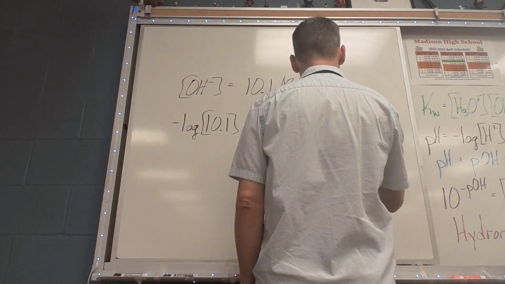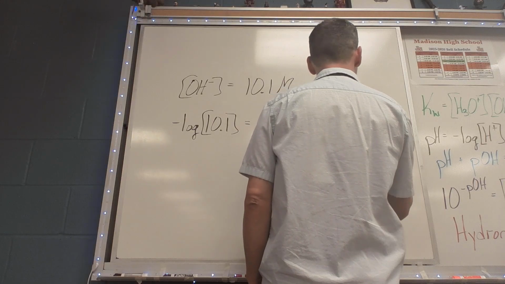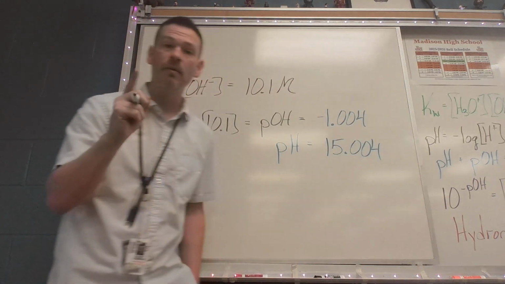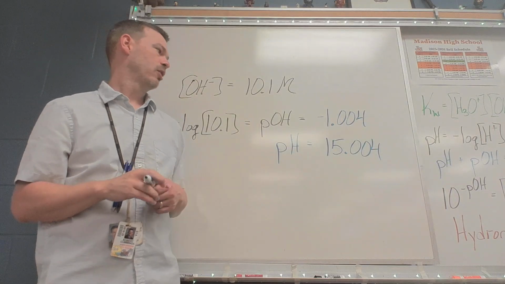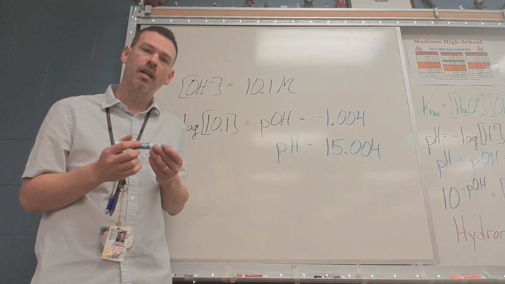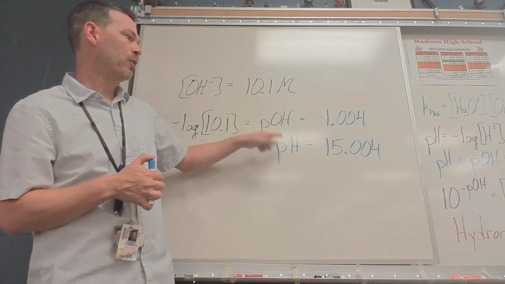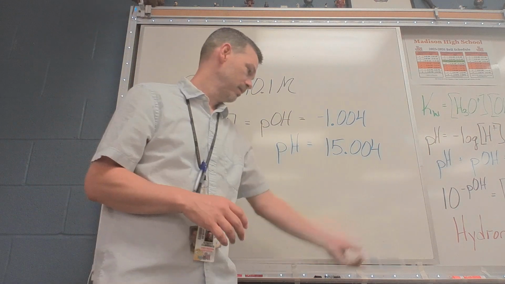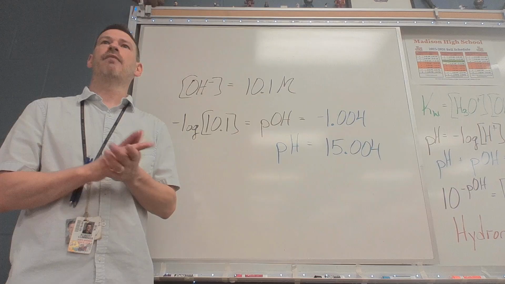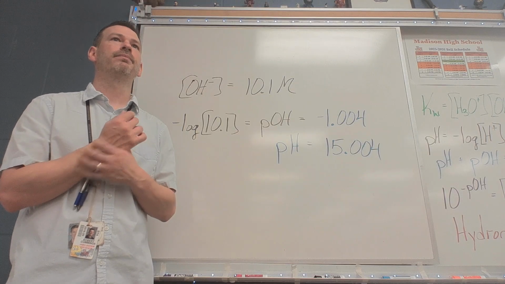Exactly right. 15.004. Because no matter what, the sum of those two numbers must be 14. So it's super basic still, right? The numbers agree with each other. Both of those values say it's highly basic. Practice coming on Canvas. Any questions right now?